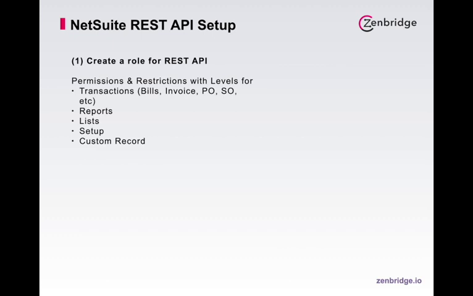You can give full permission for a particular asset, or you can give view only or edit only. So there are several levels of permissions, and you can restrict on transactions, reports, lists, setup. As an example, under setup, you can create access tokens and things like that, and also custom record.